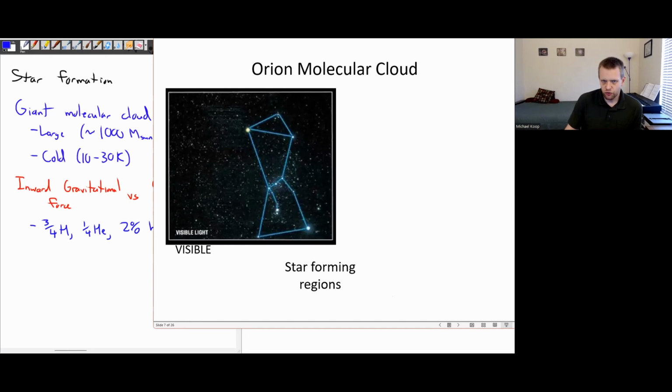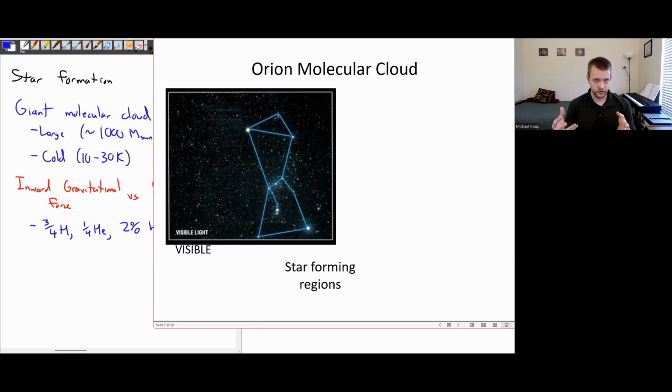So the constellation Orion, if you're looking at the constellation Orion in the visible part of the spectrum, you'll see, okay, there are some bright stars making this shape that you may or may not recognize. If we want to find these star-forming regions that are at lower temperatures, what part of the spectrum might you want to look at?